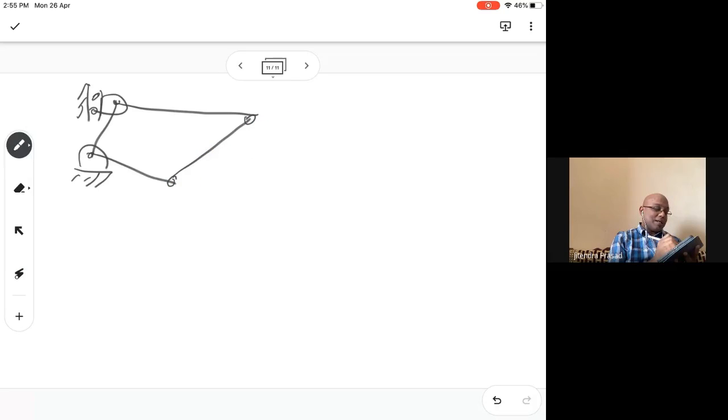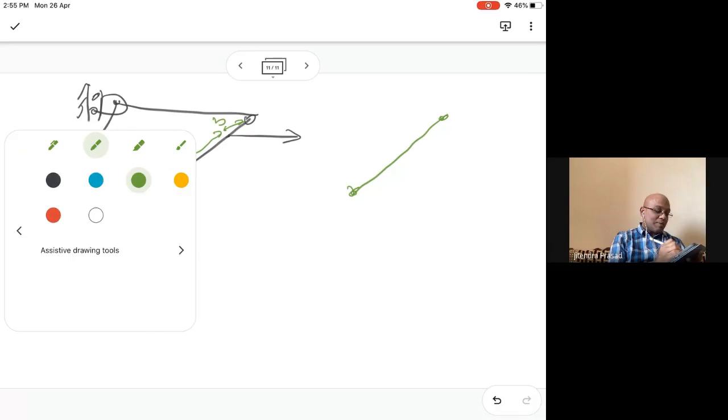If that's not there, let's say your force is somewhere here, then what will happen? In that case, let us say the total distance from here to here is A, and from here to here is B. And the force here, how is it going to be distributed?